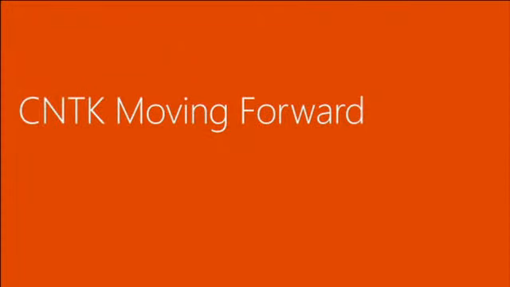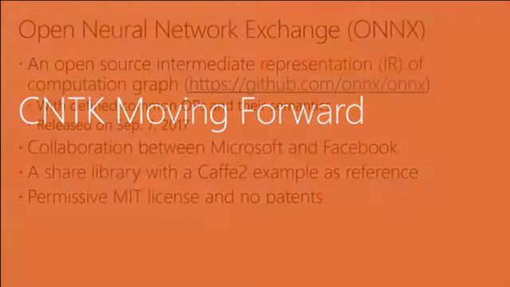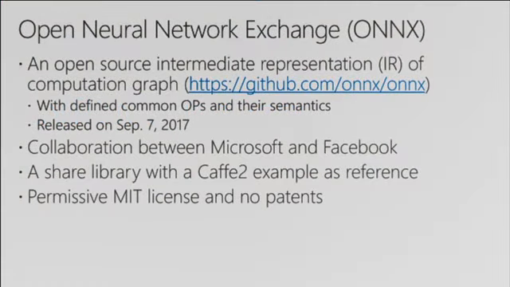All right. At the end of the talk, let me spend a few minutes talking about what's going to happen in CNTK, the forward-looking roadmap. I don't know how many of you have heard of this thing called Open Neural Network Exchange, ONNX. This is a collaboration between Microsoft and Facebook. It's an open source intermediate representation of computation graph.